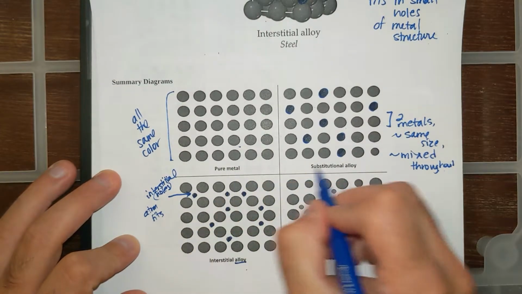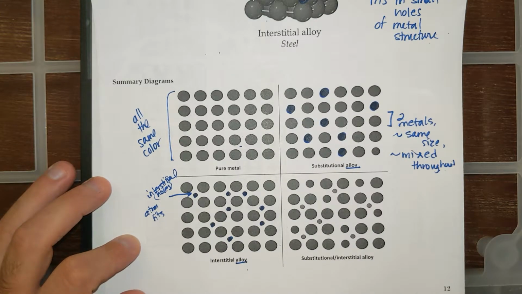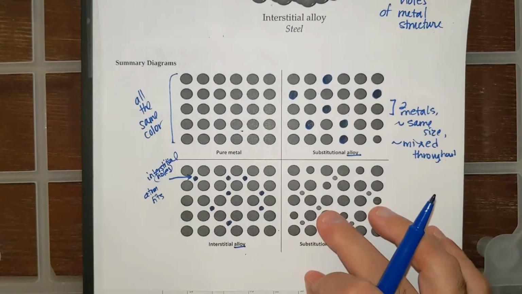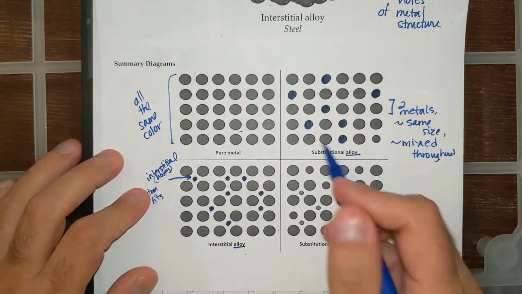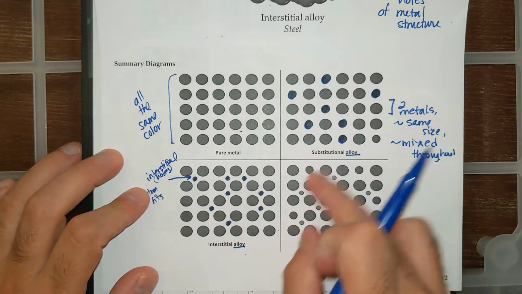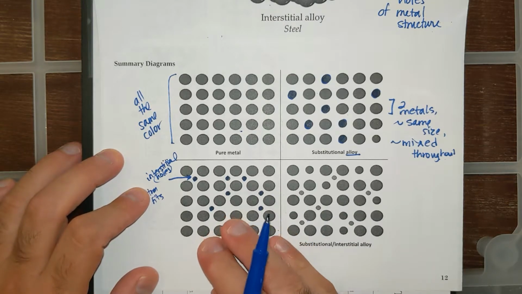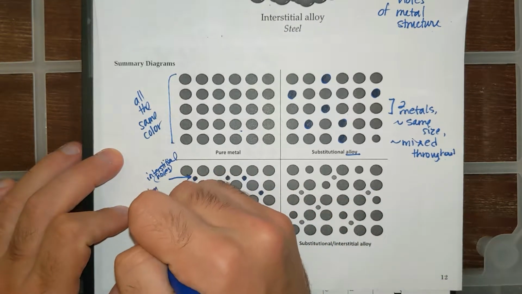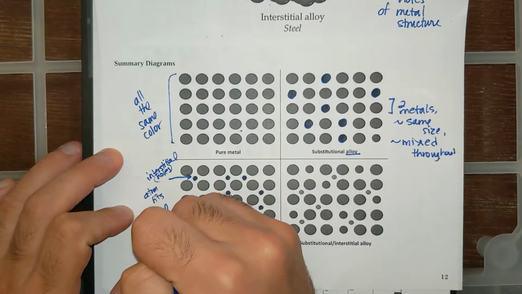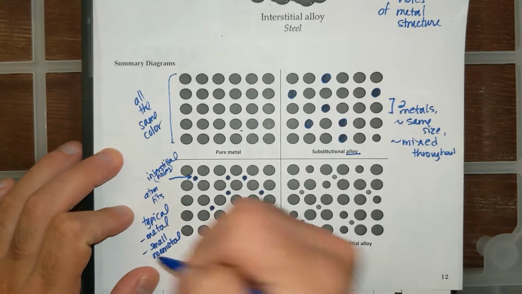Again, an alloy is two metals, or a metal and a nonmetal, and they make this solid mixture that's metallic. Our substitutional alloy has that mixture of two metals, and they're about the same size. An interstitial alloy is typically a metal and a small nonmetal that fits in between the hole.